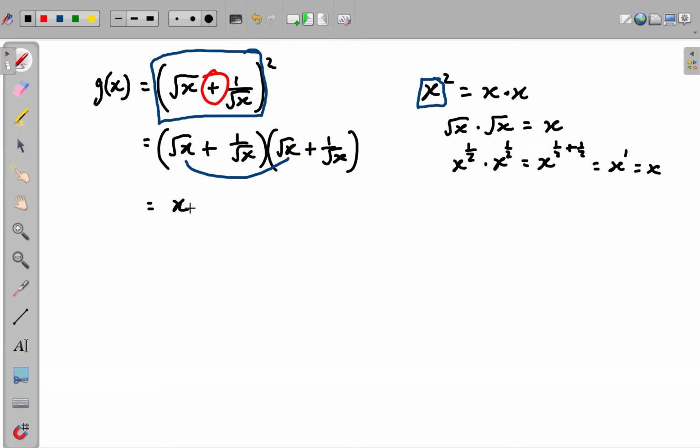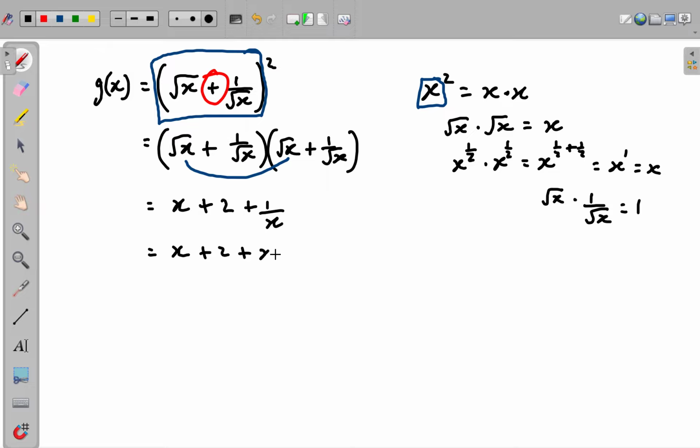Then I hope you've seen this one already. When you multiply the square root of x times 1 over the square root of x, the result is 1. So I'm just going to be quick here and write 2 in there because I know there's going to be 2 of those. And finally, I'm going to have 1 over x. But then I do notice I've got a problem there with the 1 over x.